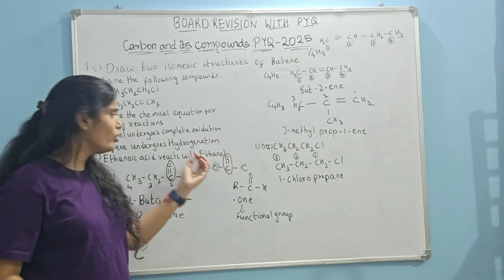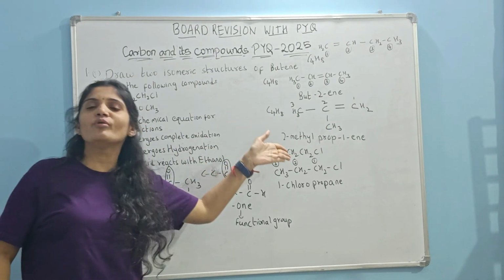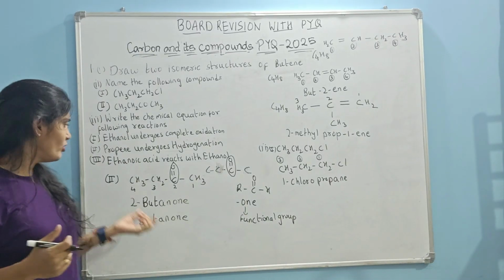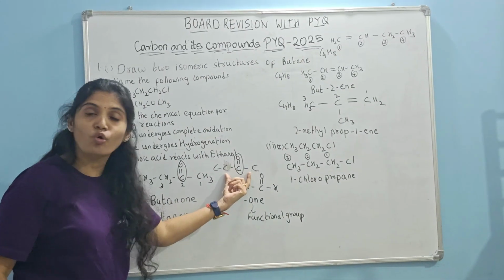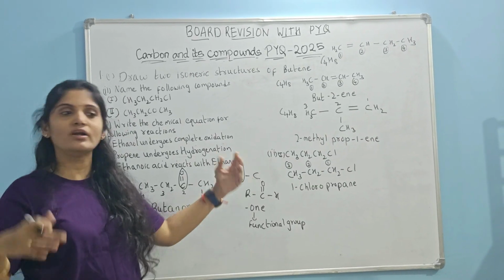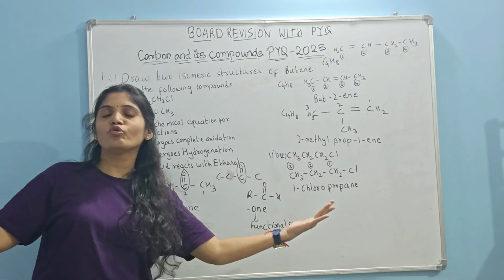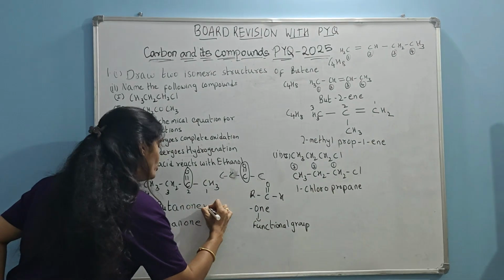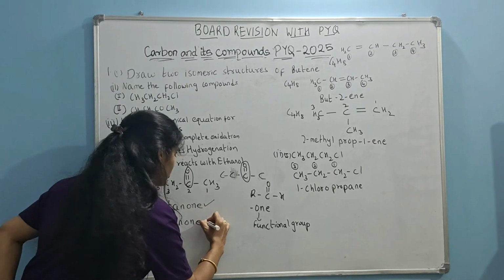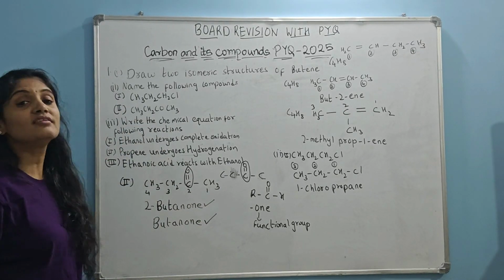Even if you don't specify 2-butanone, if someone says butanone, my obvious structure will be this only, because the carbonyl group has to be at the center, 2 carbons come here and 1 carbon comes this side. So what is the name of this compound? If you write 2-butanone, it is right. If you just write butanone, your answer is right.